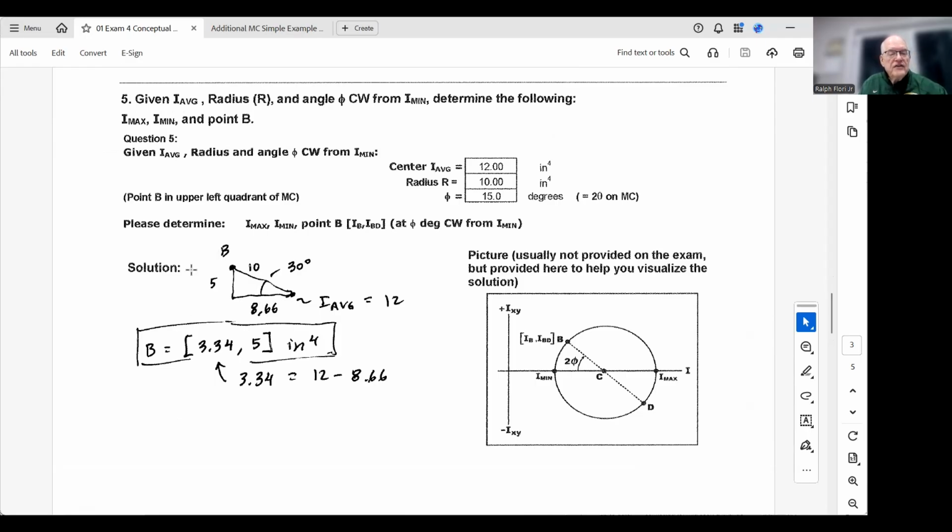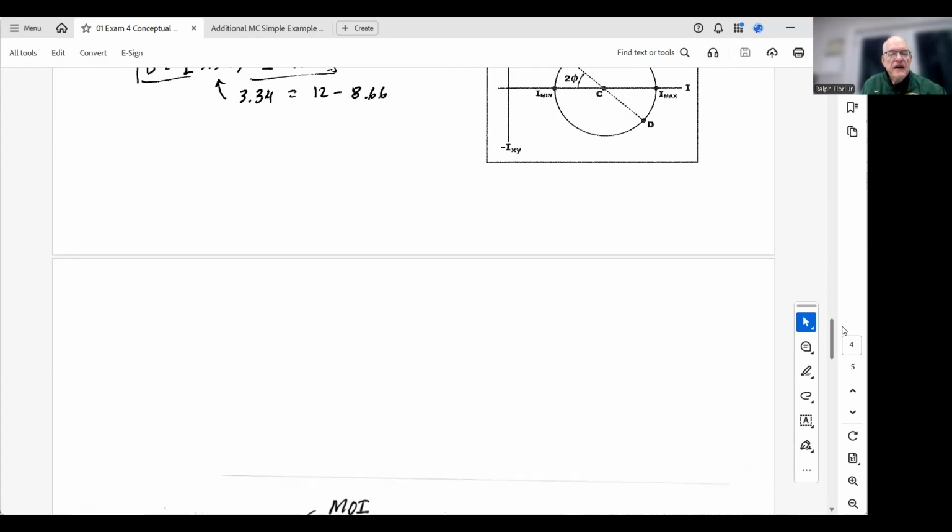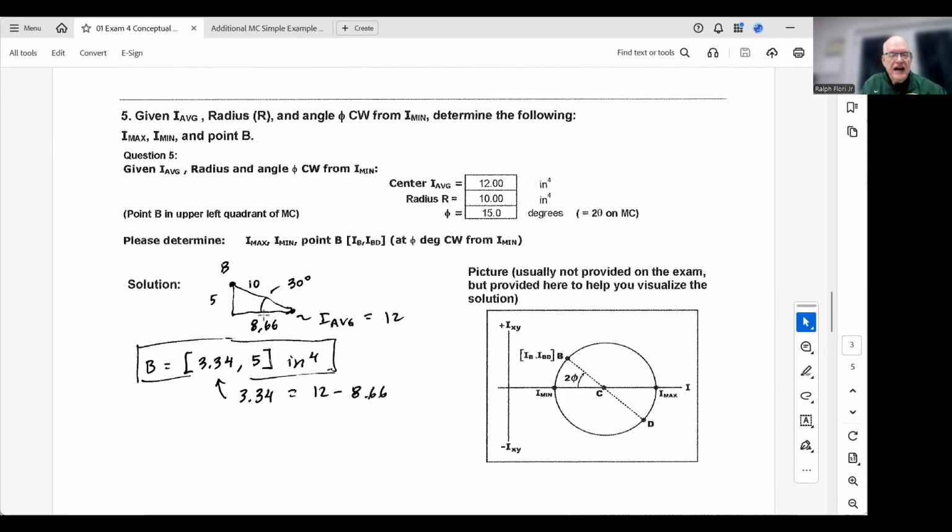And so then the moment of inertia coordinate of B is 12 minus 8.66, which is 3.34. And the product of inertia coordinate of B is 5. That gives you B. And then from that, you could find the angle. Of course, you were given the angle to the I min.